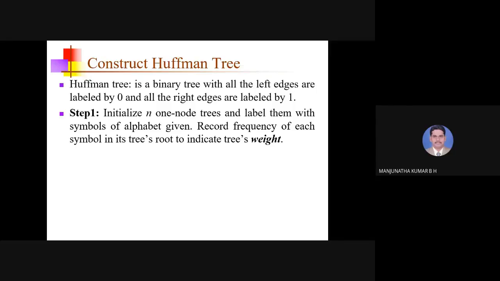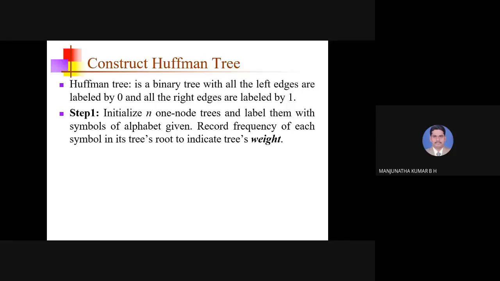In the same node, you record the frequency of each symbol in its tree's root to indicate the tree's weight. That means for every character, I write its frequency also in the label. For example, the first node is A, and what is the frequency of A?